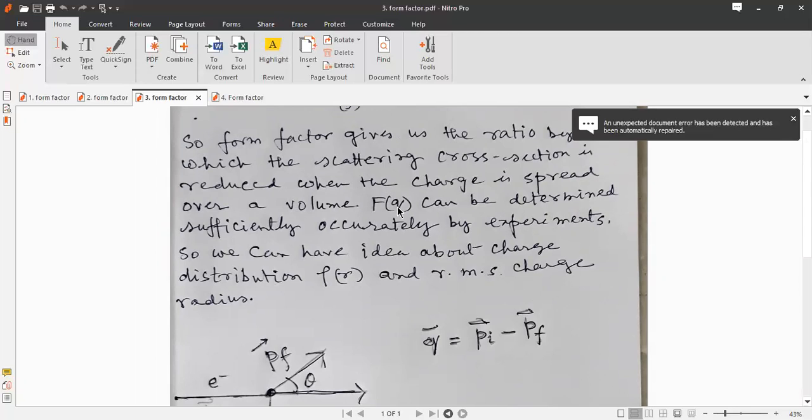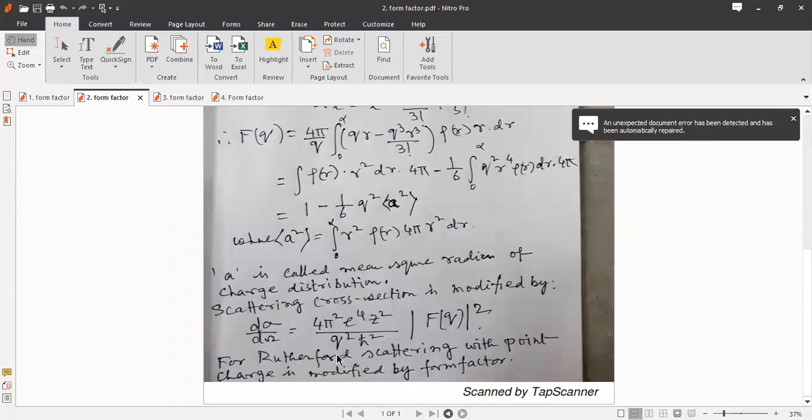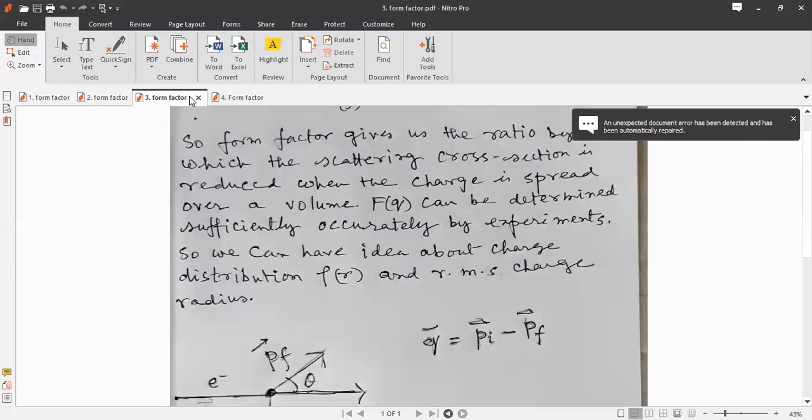If you go to the previous slide, if you know the scattering cross section, which you can determine experimentally, and similarly all these other quantities are known to us experimentally, you can get the value of F(q) square. That is what the form factor will be. So from the experimental value of the form factor, we can find the value of A square, and get an idea of the value of rho(r). So this is very important.